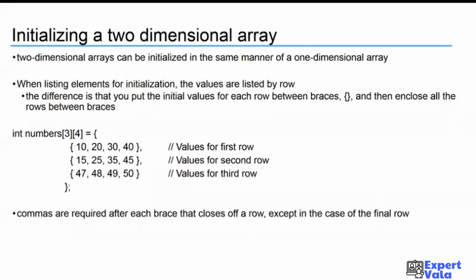So the upper left hand, which would be row one, column one, would be 0, 0, and that would be equal to 10. Row 1, column 2 would be equal to 20, but you would access it as index 0, index 1. Because the first array contains 3 rows, you access it that way.